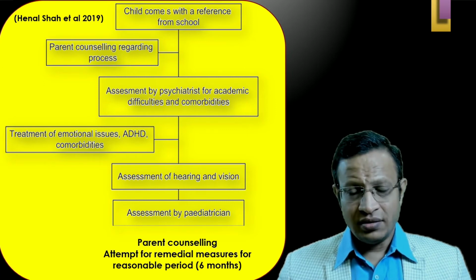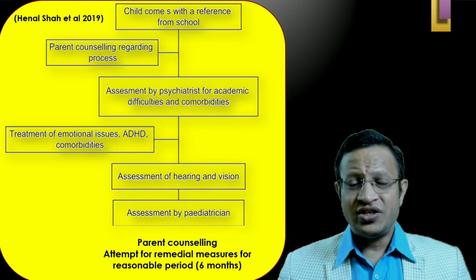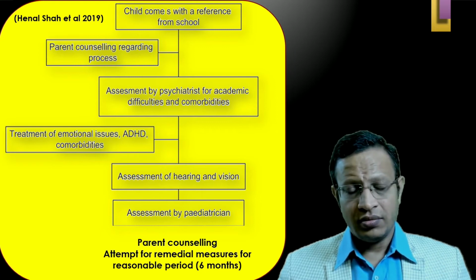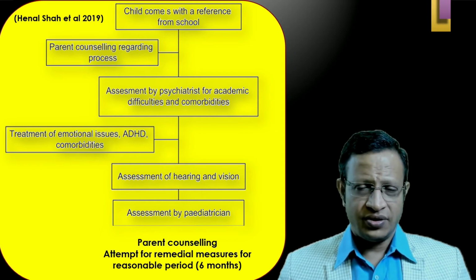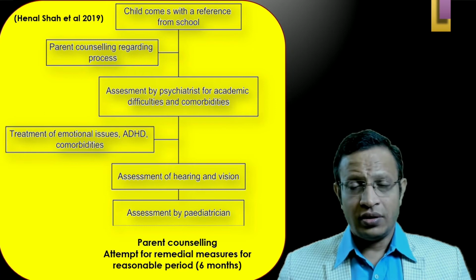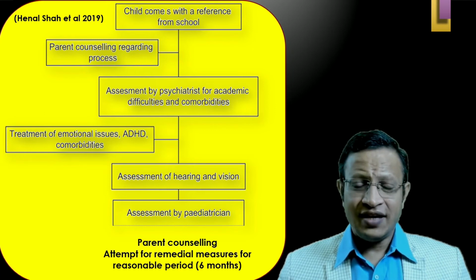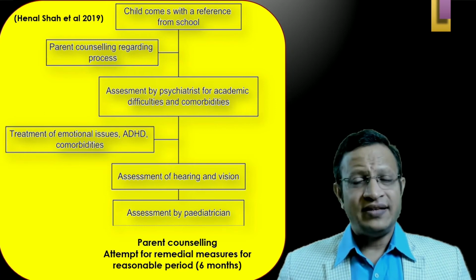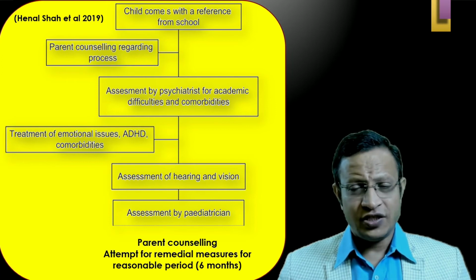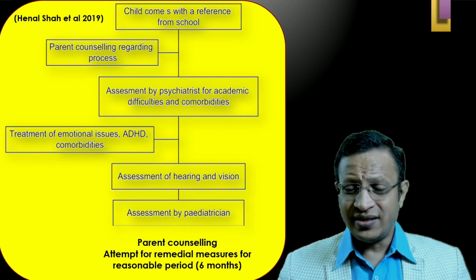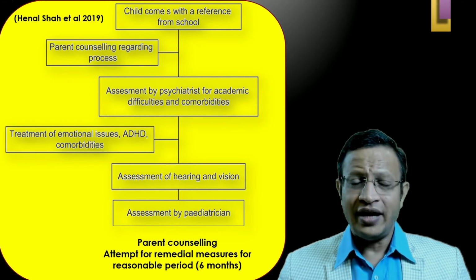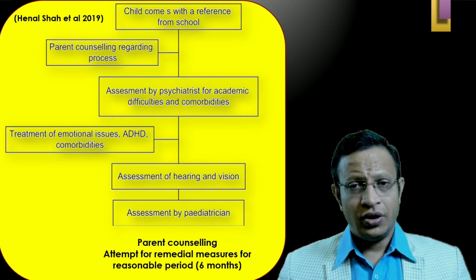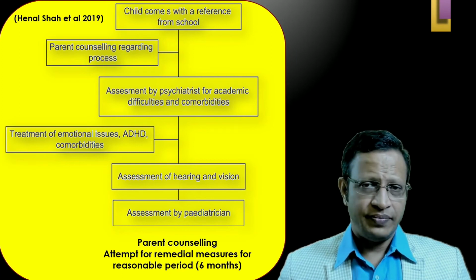Get the school report, the child's homework book, and whatever other requirements there are, talk to them, and clarify their doubts. And during your detailed evaluation, check for comorbidity. At the same time, if you have any suspicion with regard to the child's hearing ability and vision, please refer the child to the ENT specialist and ophthalmologist before you start SLD assessment.